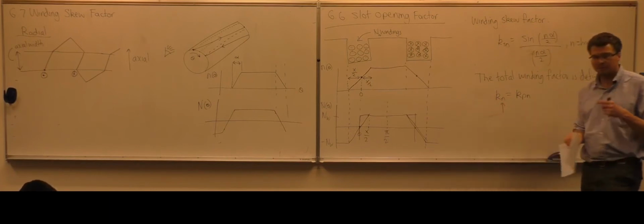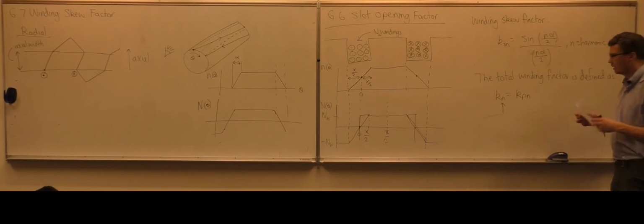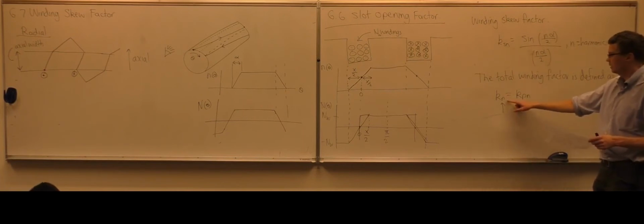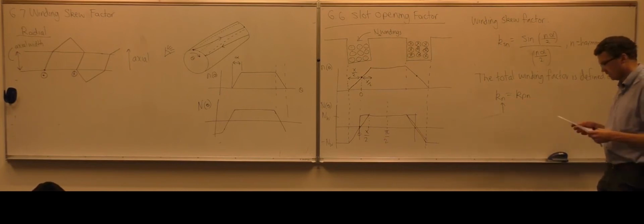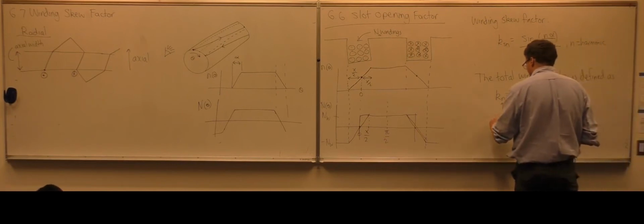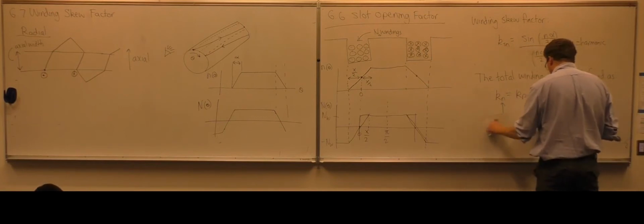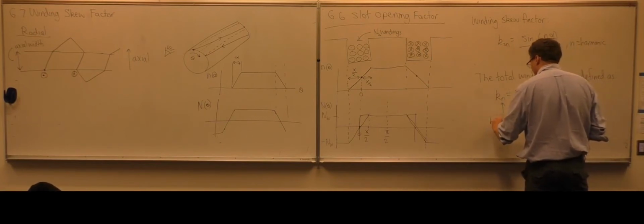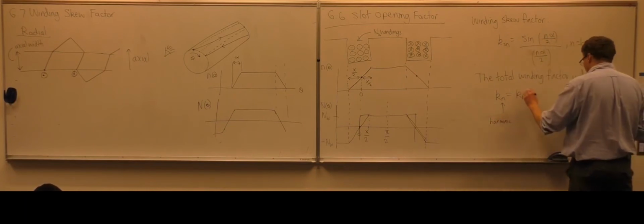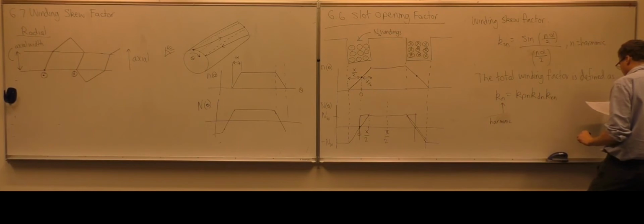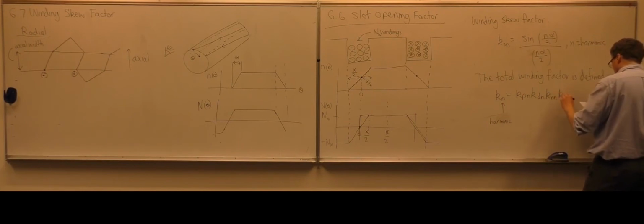We just did the fundamental, but if you really want to be nihilistic, you could calculate for other additional harmonic terms. So n is the harmonic. So we have the pitch factor, we have the distribution factor, we have the slot opening factor, and we have the skew factor.